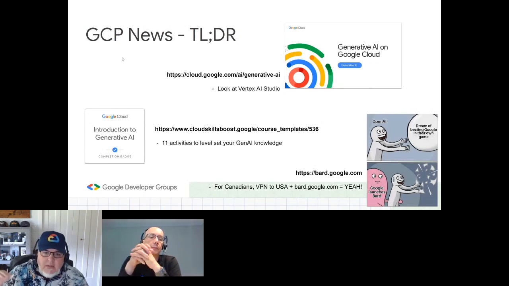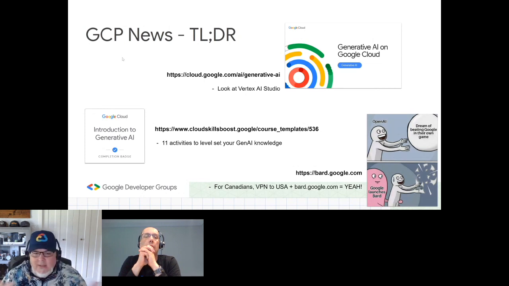There is the Vertex AI Studio that you can play with within GCP, which allows you to test your prompts and test interaction with the Gen AI engine, so that way you're also able to keep that information within GCP. Kind of a segue into security on that one.